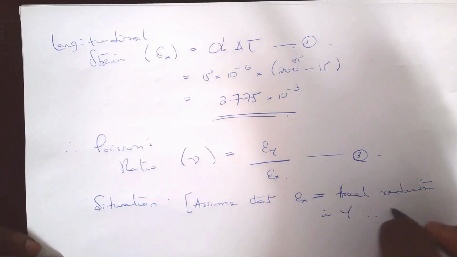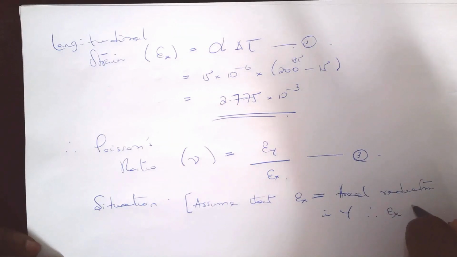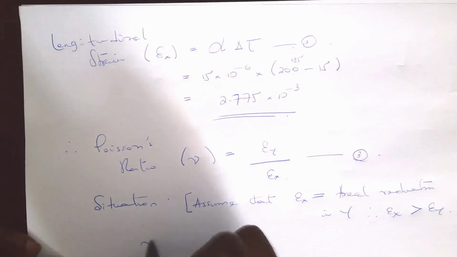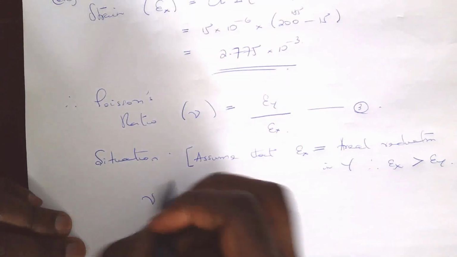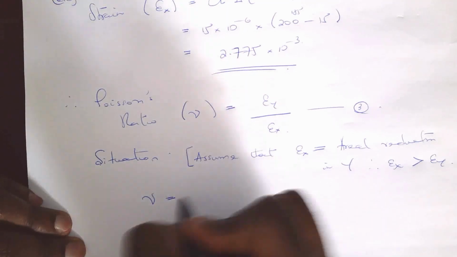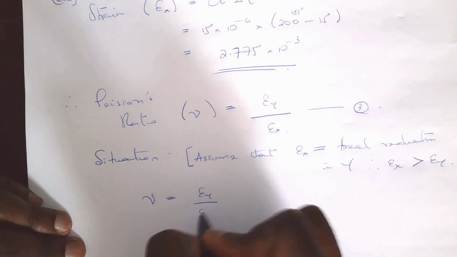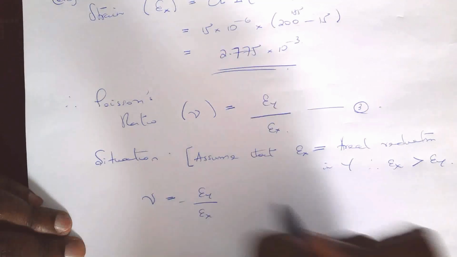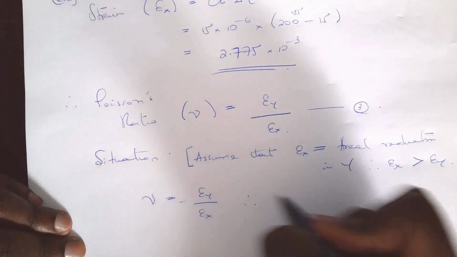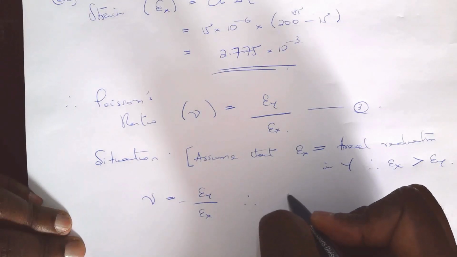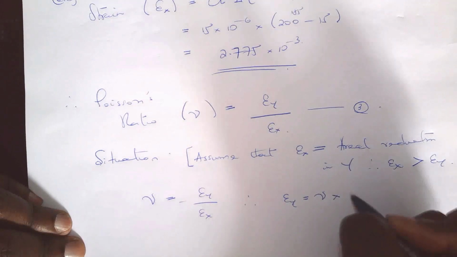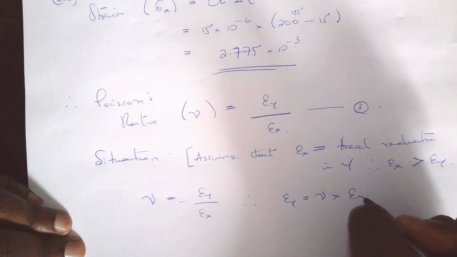Therefore, epsilon x is going to be greater than epsilon y. If that's the case, nu is going to be equal to epsilon y over epsilon x. Therefore, epsilon y is going to be equal to nu times epsilon x.